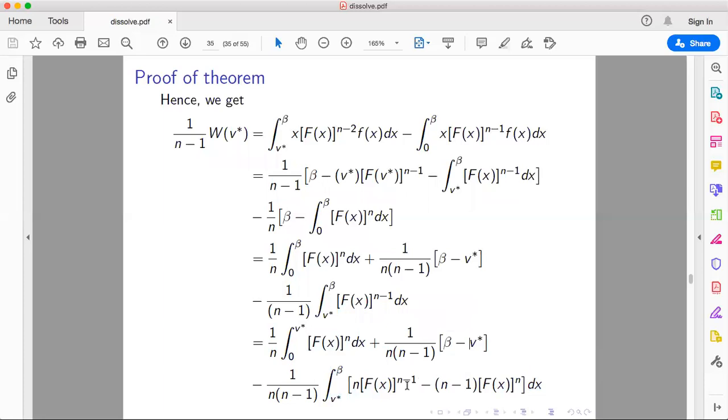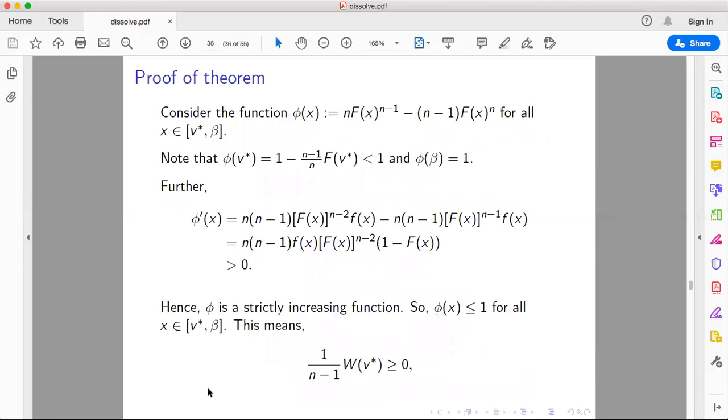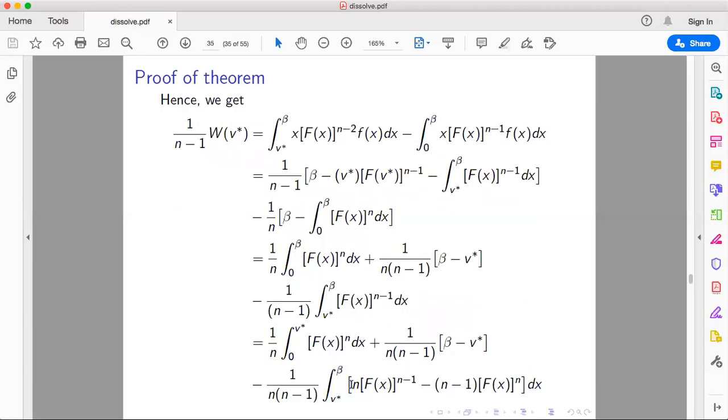Okay, so basically that's what I show here. I show that the expression inside this integral is always less than or equal to 1. If it is less than or equal to 1, then this integral is going to be less than or equal to beta minus V star.